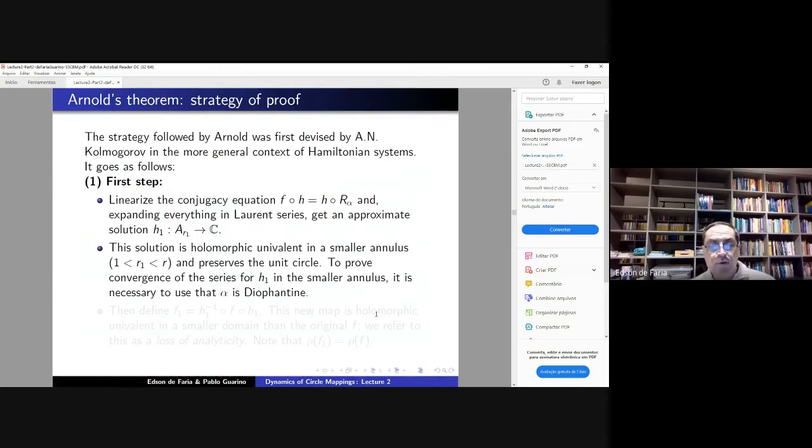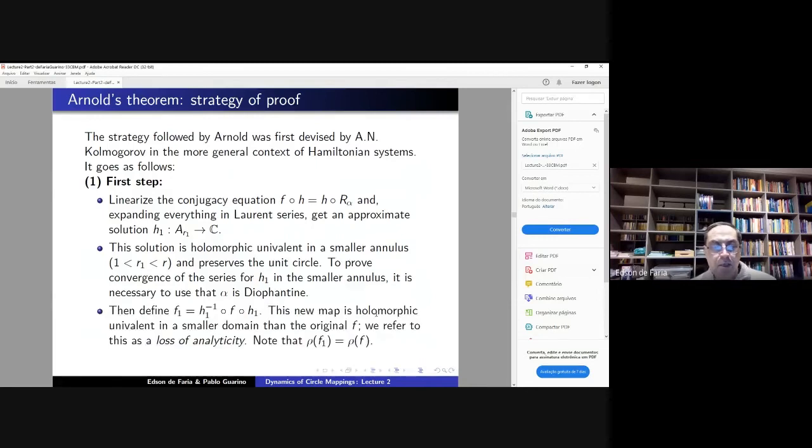This solution is holomorphic, univalent, and preserves the unit circle because of some symmetry that you have. But in order to prove the convergence of the series for H1, you need to shrink the annulus a little bit, and you also need to use in an essential way that the number alpha is Diophantine, that in some sense it's badly approximable by rationals.